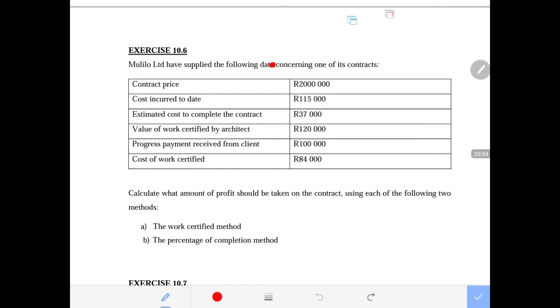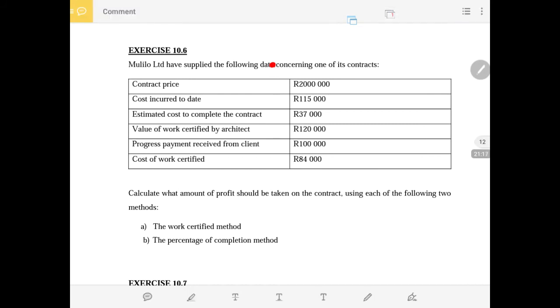Remember, when the contract is nearing completion is when the work is over 80% in terms of completion. So now remember, I said once again, we are not calculating now the degree of completion, meaning the percentage of completion, in order to decide which method of taking the profit should be. We are just instructed to use this method and the other method.